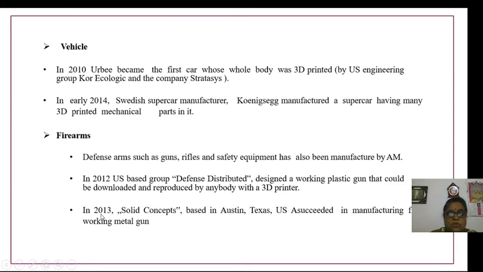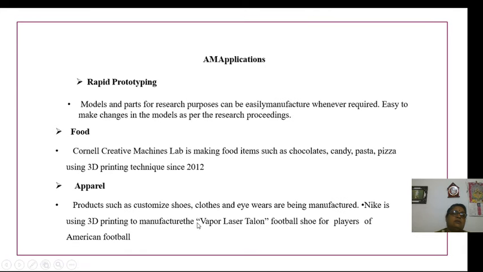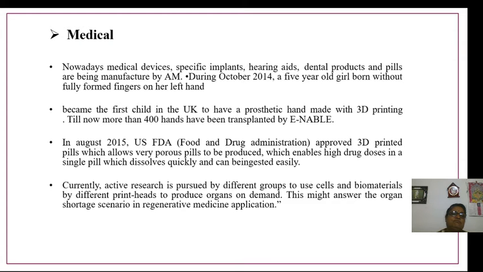And during 2013, Solid Concepts, based in Austin, Texas, US, succeeded in manufacturing the first working metal gun. These are applications of AM parts in the vehicle, firearms and rapid prototyping, food and apparel industry.